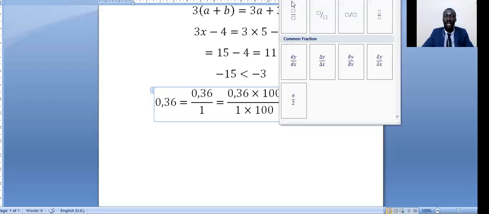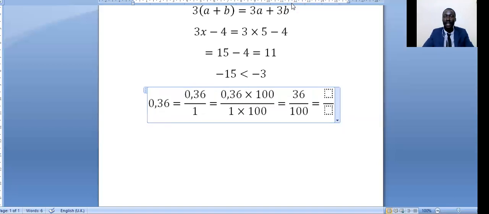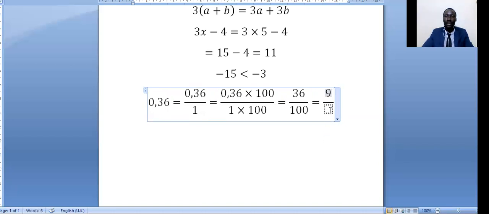In other words, 36 can be divided by some other number, say 4, so that we get what? 9. And 100 can also be divided by 4, and that gives us 25. So this is the value of 0.36 in common fraction.